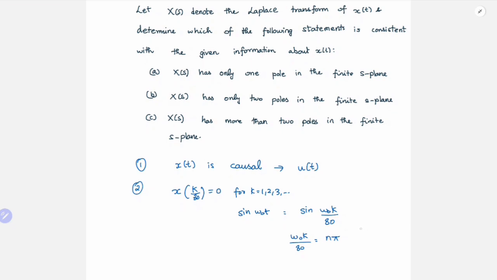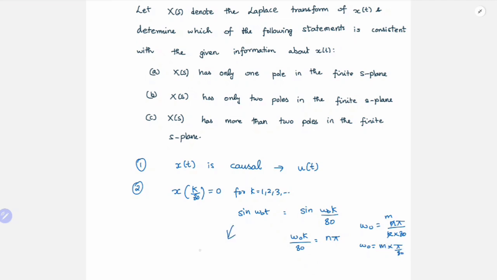So my omega naught is nothing but n pi by k into 80. And n and k are, let's say, incrementing normally. So my omega naught will be some integer multiple of pi by 80, right?